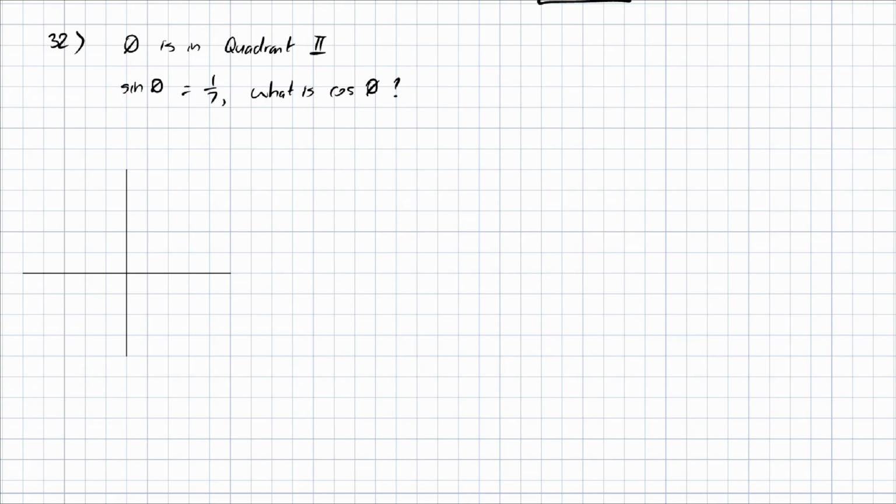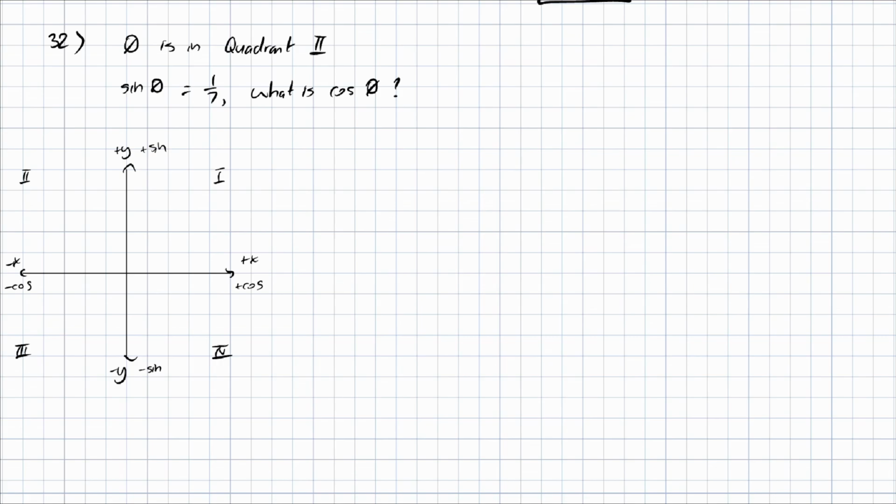You have quadrants 1, 2, 3, and 4. You have plus x, plus y, minus x. Remember, this is also plus cosine, plus sine, minus cosine.